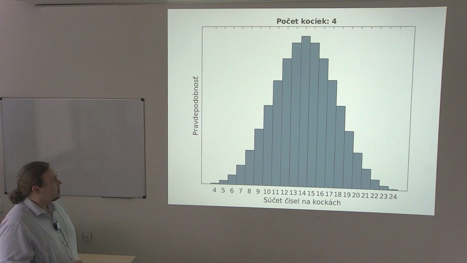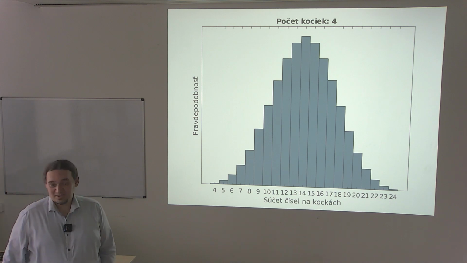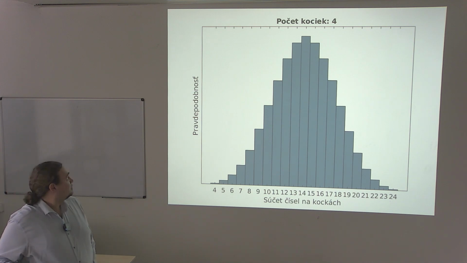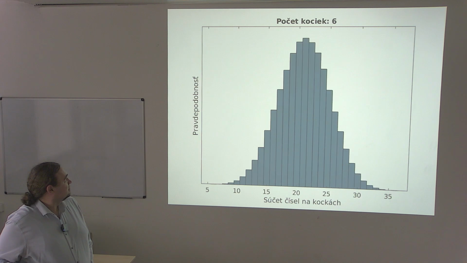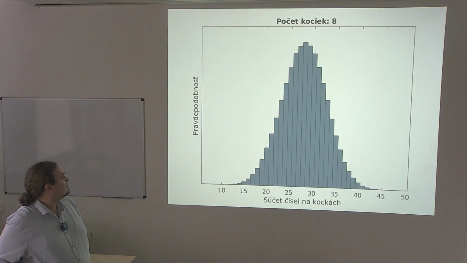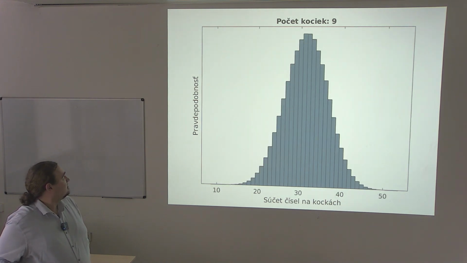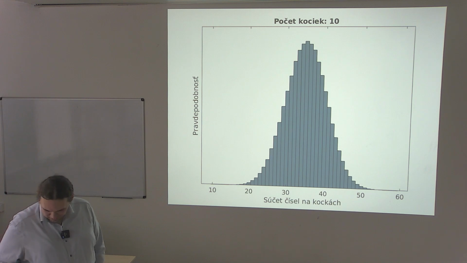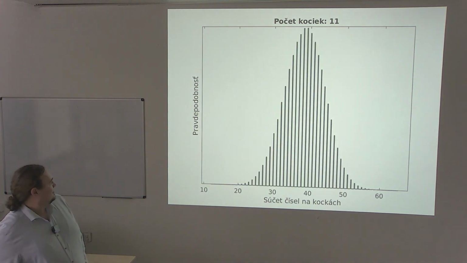So this is the game with 4 dice. This is the game with 5. This is the game with 6. We start to see that some shape is appearing. 7 dice, 8 dice, 9, 10. How long do we continue? 11.